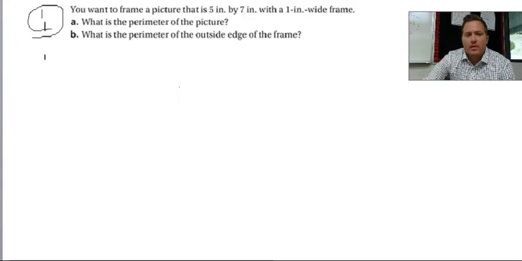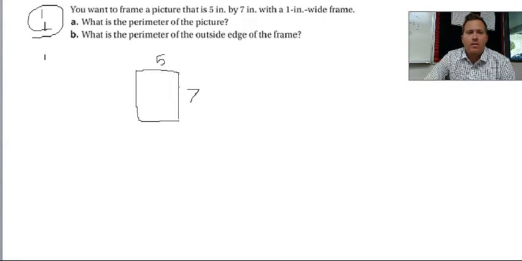Okay, so whenever we get to problems like this, it's always really helpful to draw pictures that go along with it. So let's draw it right here. It says we have a picture, and it is going to be 5 by 7. So if I draw that right there, this is going to be 5 inches, and this is by 7. And A says what is the perimeter. So remember, perimeter is just the outside.